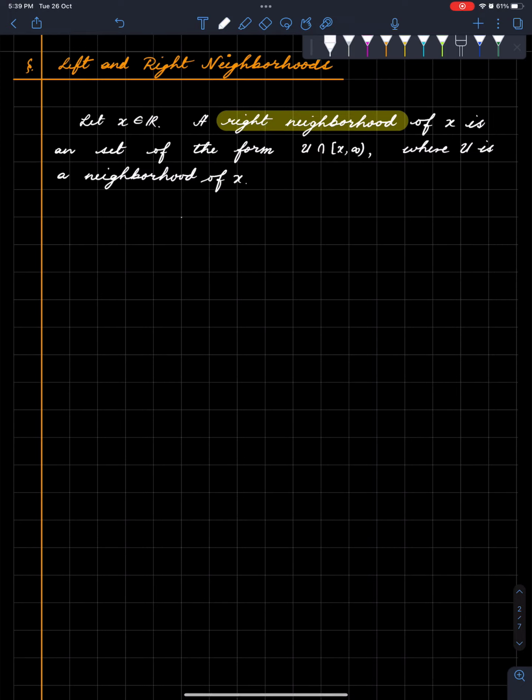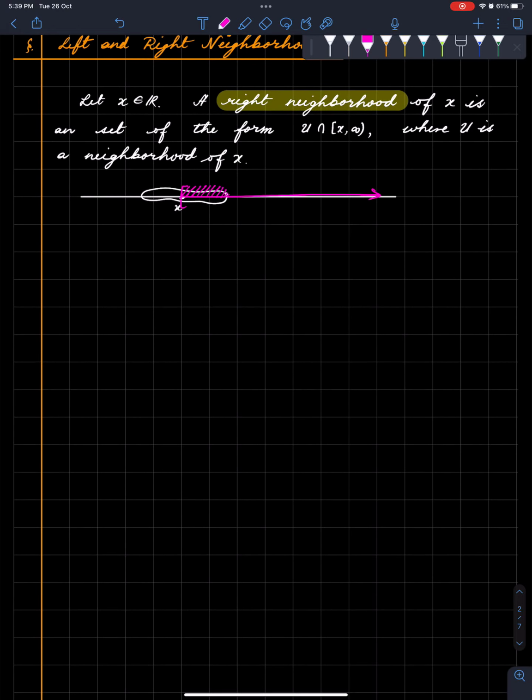So pictorially, if you have x on the real line, then a right neighborhood is first you choose a neighborhood, it could be anything, and then you just intersect with this whole thing. So this part becomes your right neighborhood. A very simple definition. And similarly, one can define left neighborhood, which I leave you to define.